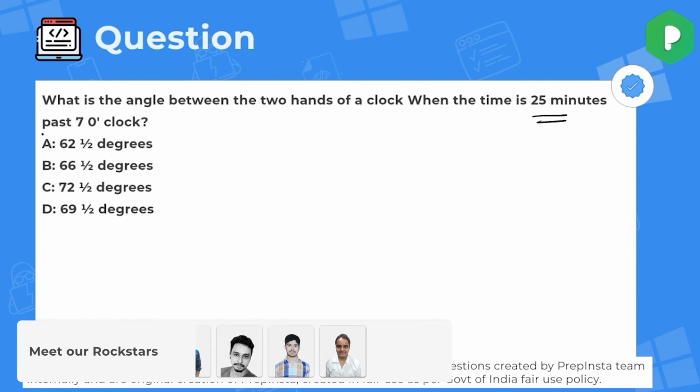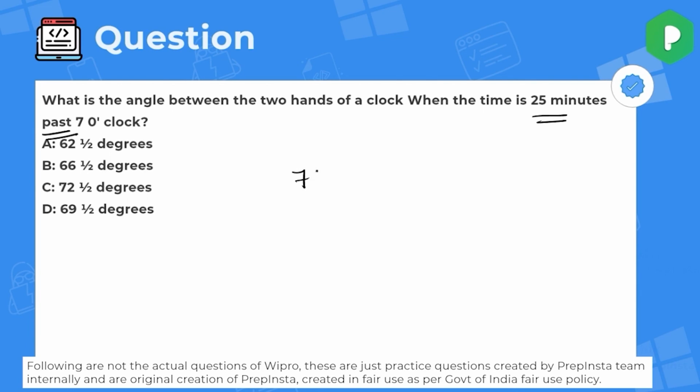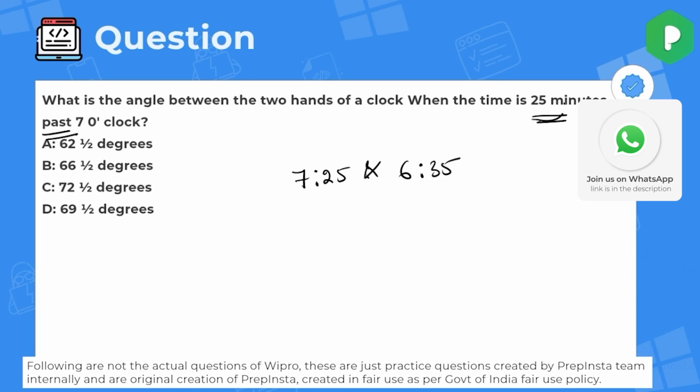"25 minutes past 7 o'clock" means, is it 7:25 or 6:35? First, you have to have a clear idea about the terminology used in the question. 25 minutes past 7 means 7 has already passed and we have entered 25 minutes beyond 7.